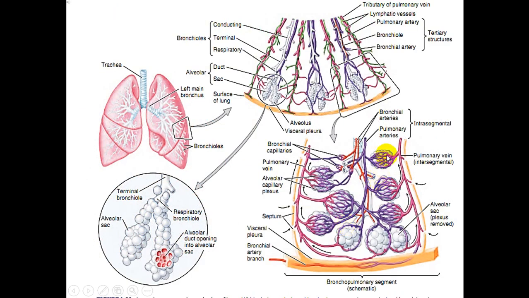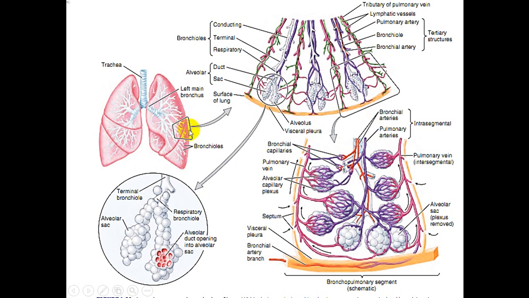So again we observe that a bronchopulmonary segment has an apex, which is represented by the entrance of the tertiary bronchus, and then it has a base which is represented by this connective tissue layer, outside of which is the visceral pleura.